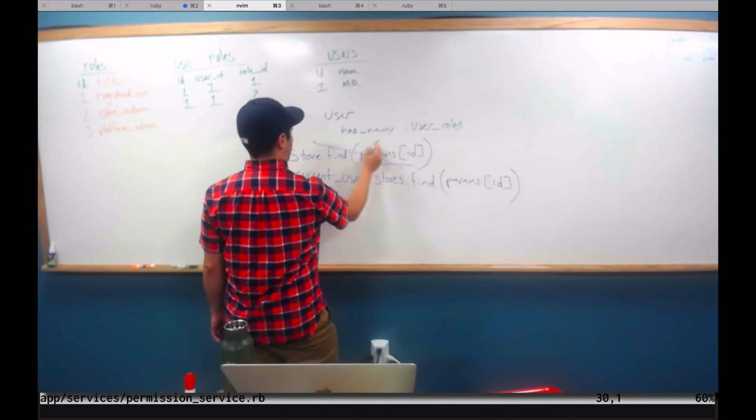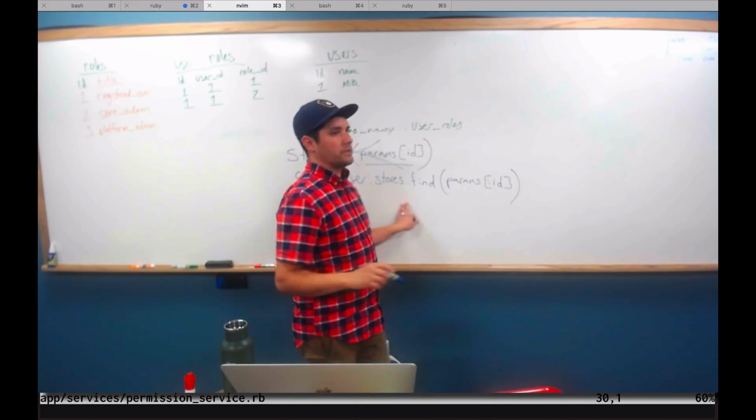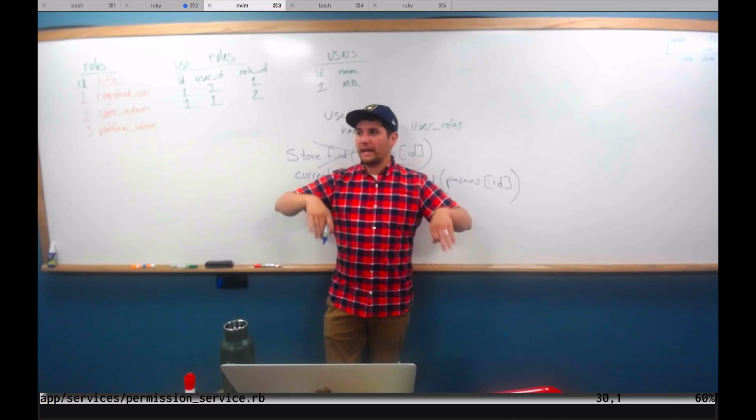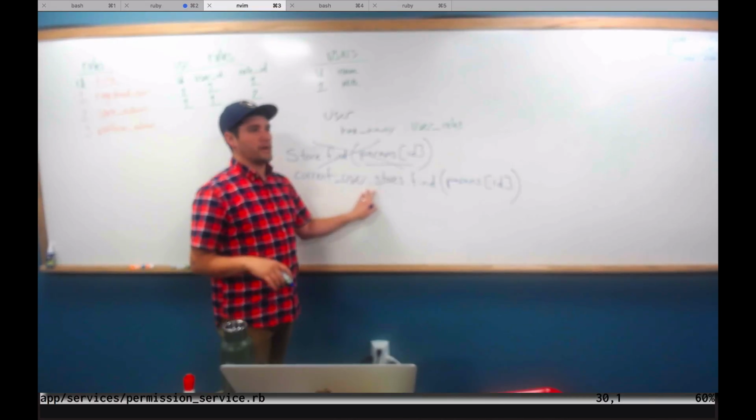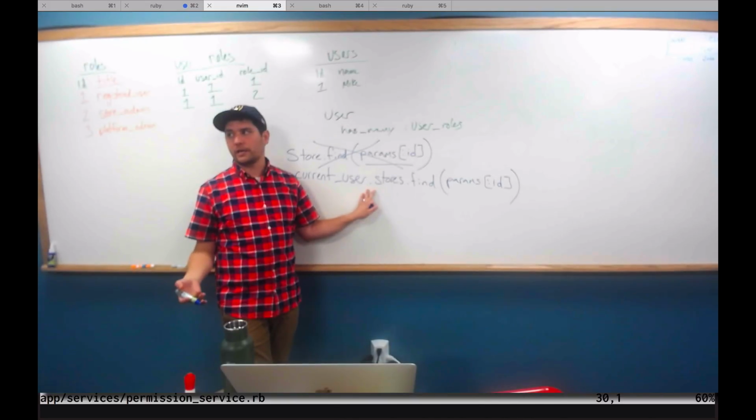And this way, if someone gets through the permission service as, yep, this person is a store admin, they don't accidentally have the ability to edit a store that they are not allowed to edit.